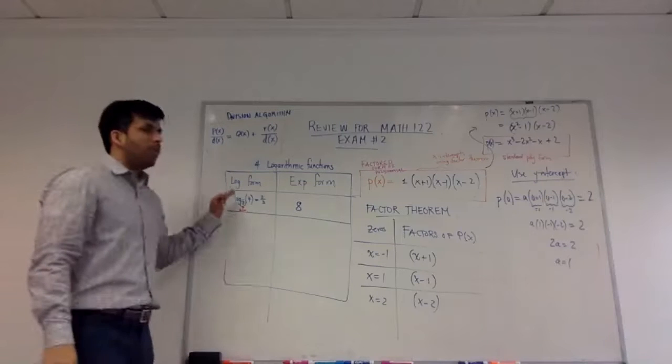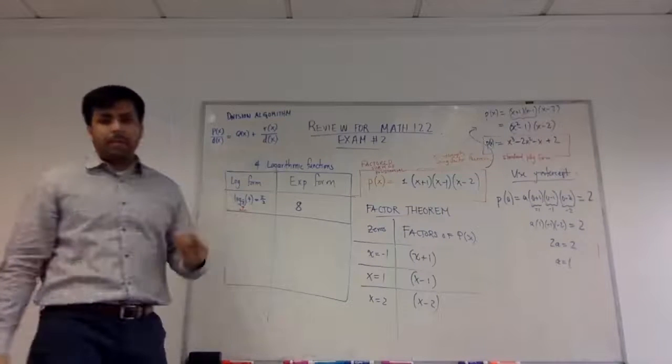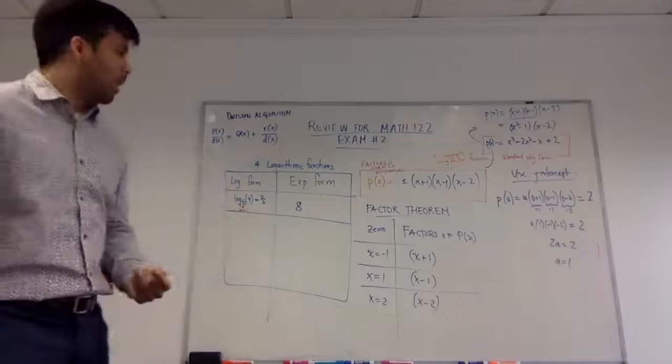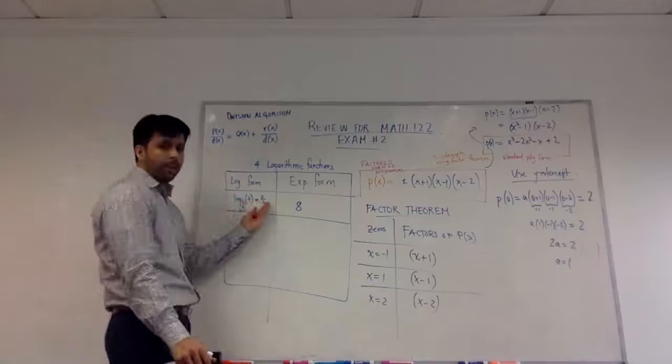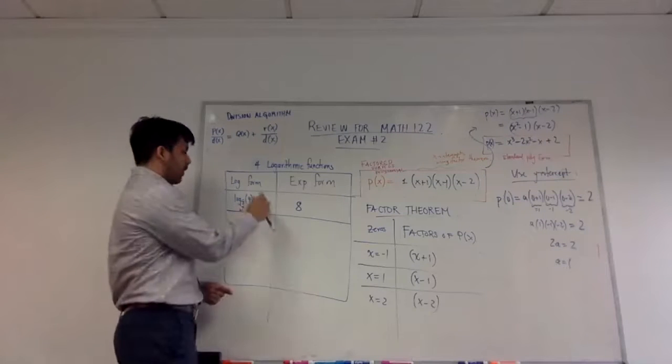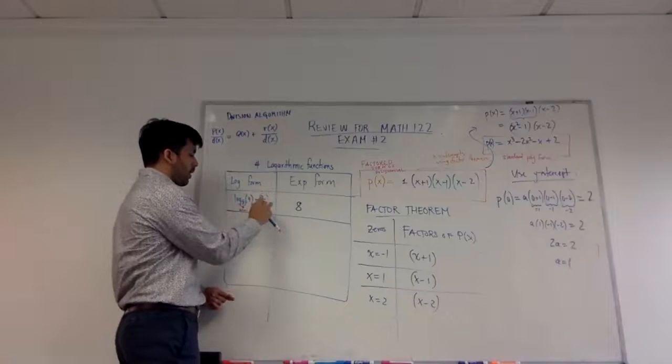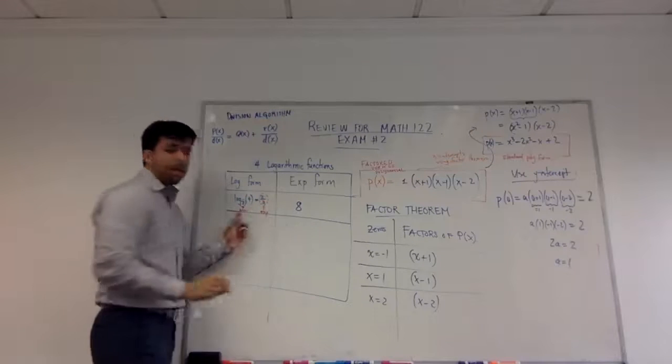Now, what do logs really represent? They represent exponents. What's my exponent that I have here? It's the output of my log. So 2/3 represents my exponent to my base 8.